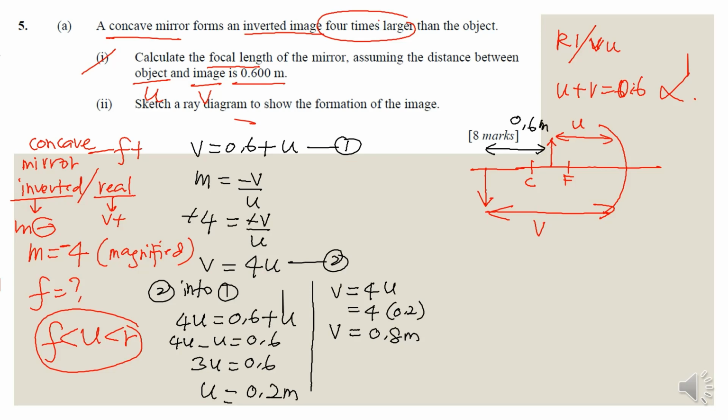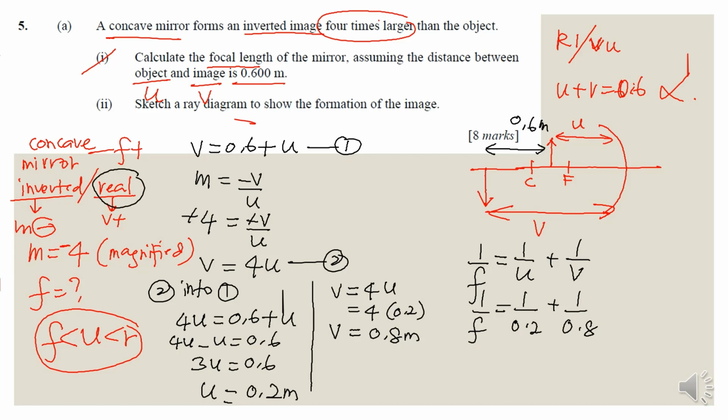Baru kita cari focal length: 1 over F equal to 1 over U plus 1 over V. So U kita is 0.2, V kita 0.8. V kita positif sebab real image. Last kali awak akan dapat focal length equal to 0.16 meter. Inilah jawapan untuk number 5A.